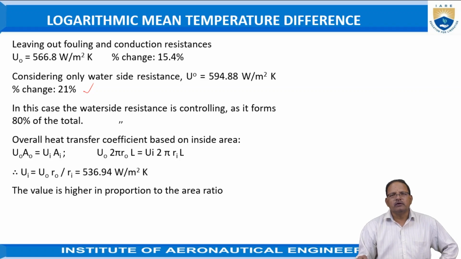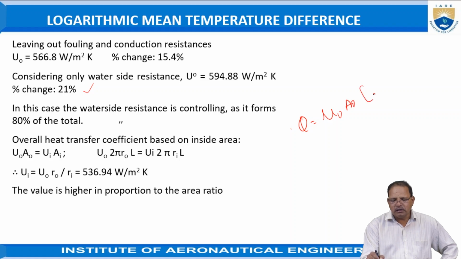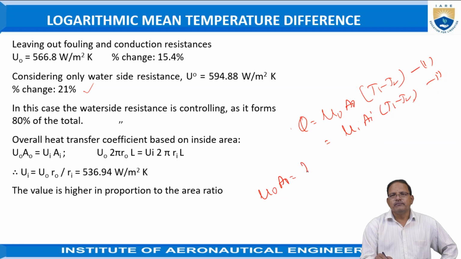The overall heat transfer coefficient based on inside area: because the heat energy flowing through the pipe remains constant, we can write Q equal to U naught A naught (T1 minus T2), which is also equal to U i A i (T1 minus T2). By using these two relations, U naught A naught is equal to U i A i.